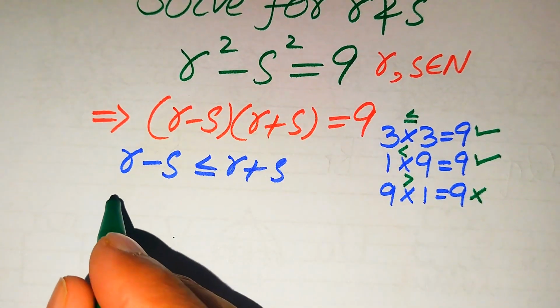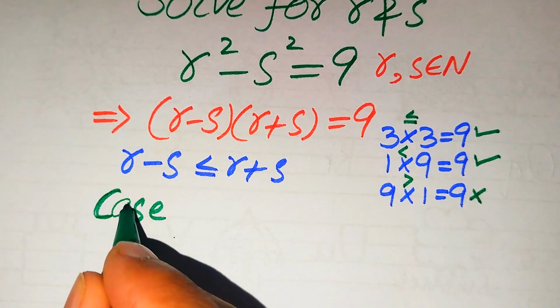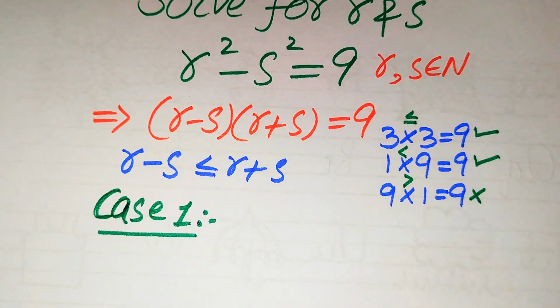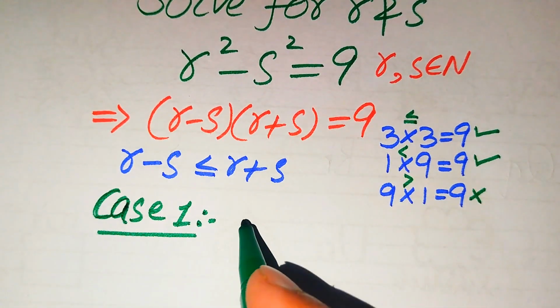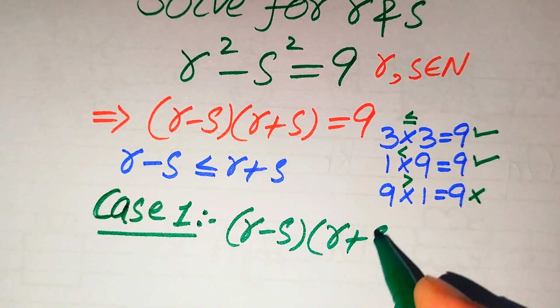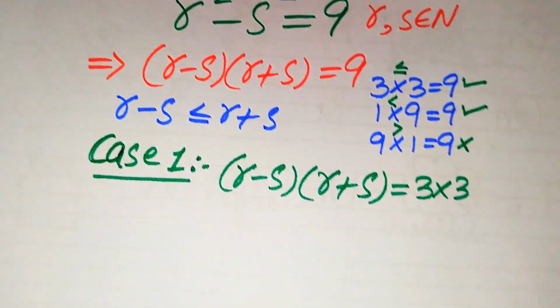So now we divide this question into two cases. We write case number 1, and in case number 1 we compare our left hand side with this 3 and 3, and it will be written as (r minus s) times (r plus s) equals 3 multiplied by 3.